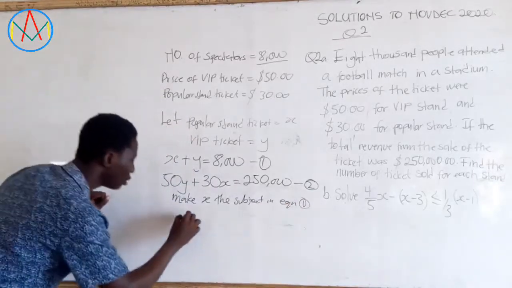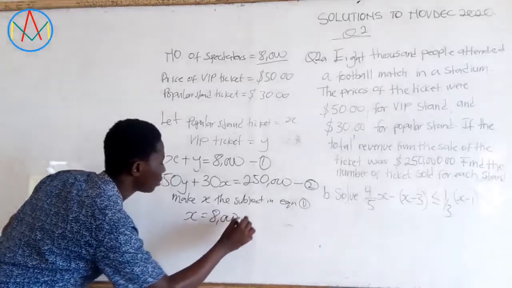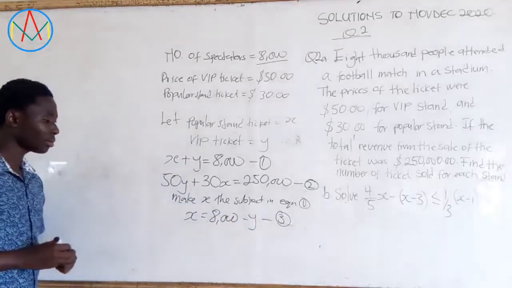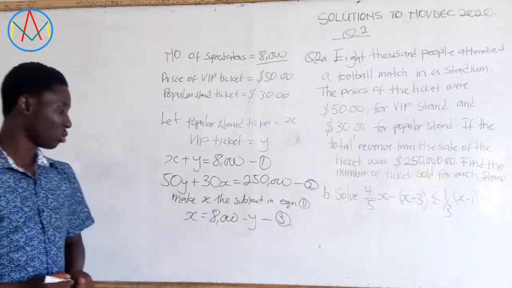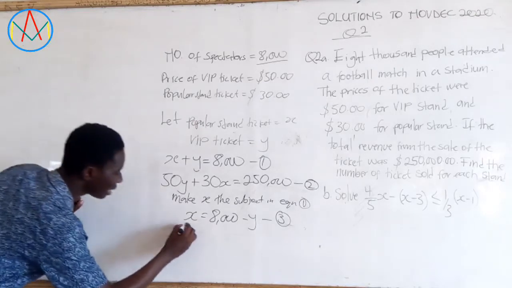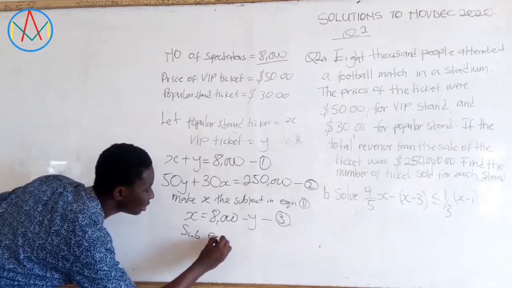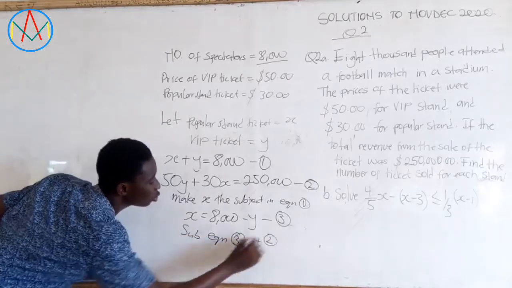So what I do then, I'm going to get X is equal to 8,000 minus Y. So this becomes equation 3. Now I'm going to substitute equation 3 into equation 2.